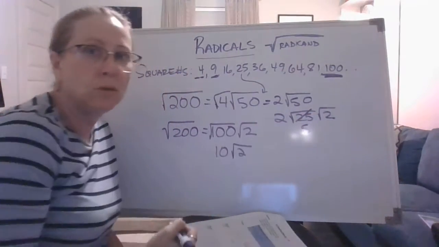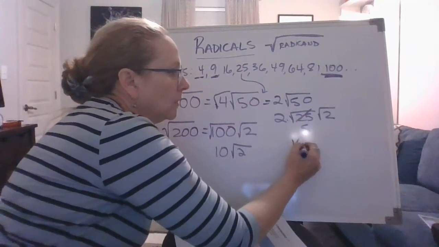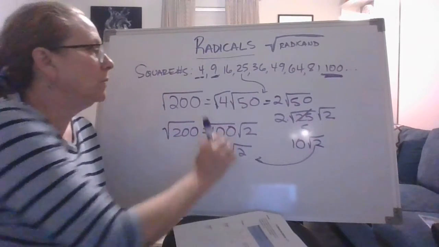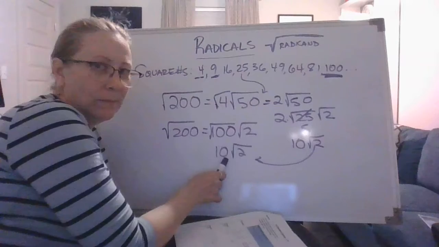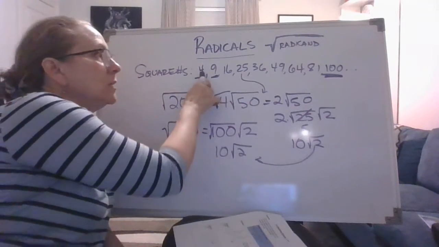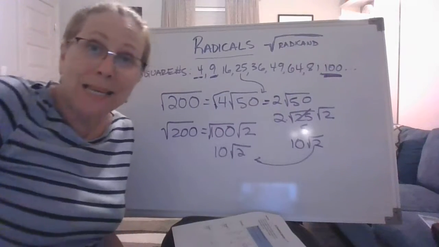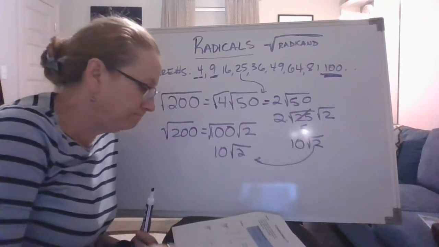So what do I do with a 2 and a 5? Multiply. This is all multiplication. And now you've simplified once, twice, and got the same answer. So if you use a smaller instead of a larger perfect square to take out of the figure, you may have to simplify more than one time.